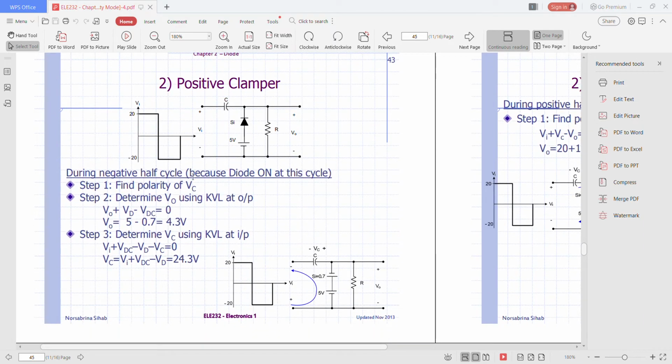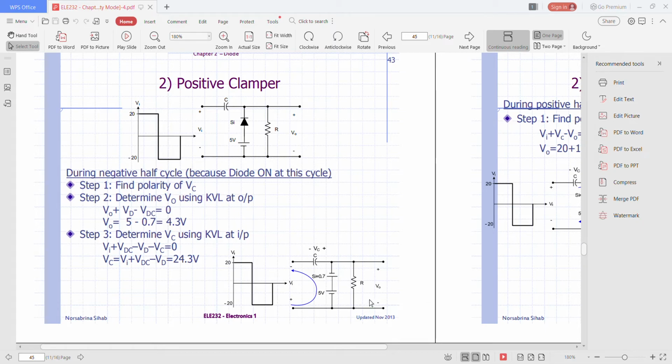Okay, so during negative half cycle, because diode is on at this cycle, there will be 3 steps also in the analysis. The first one is find the polarity of VC. So this is the polarity of VC. And step 2 is to determine Vout using KVL at output.